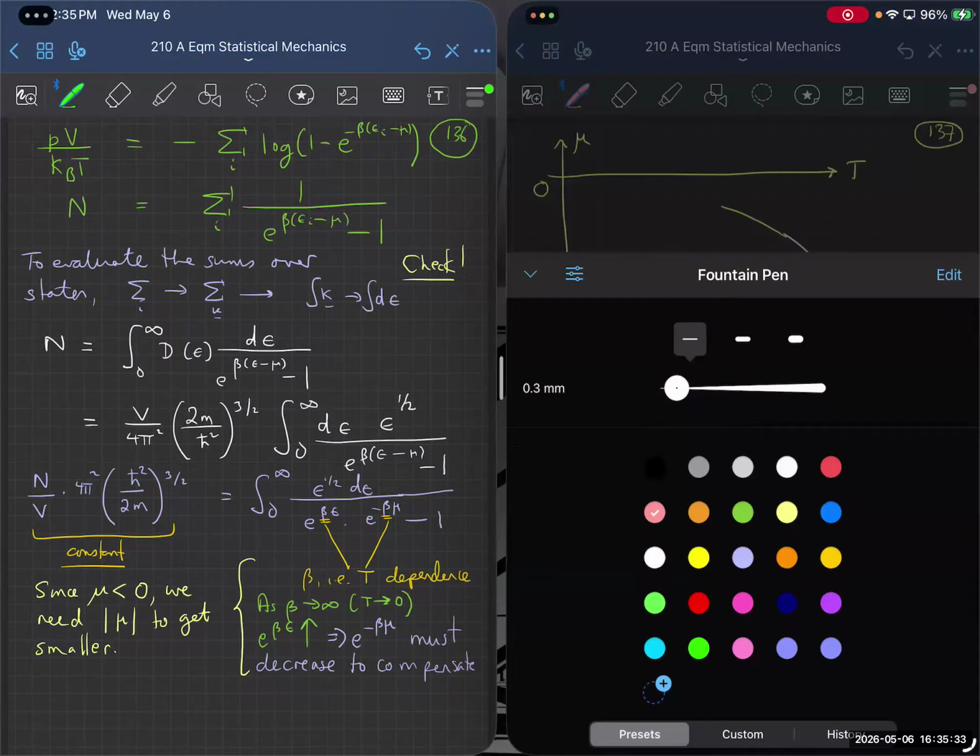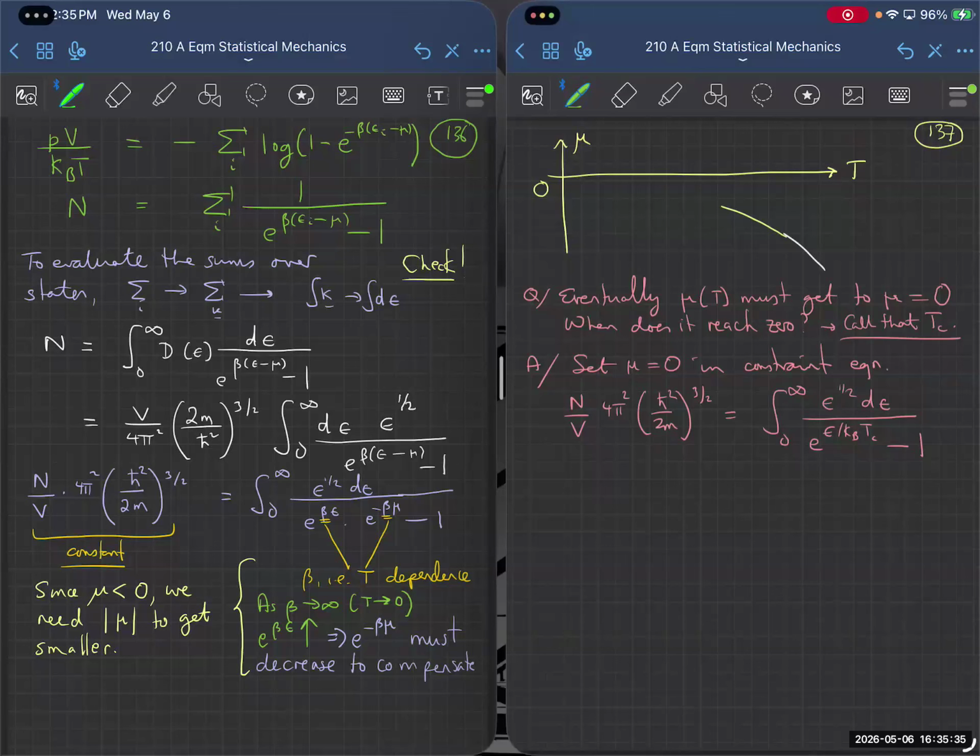So now I want to compute what that is. So now we're going to solve for Tc. So how do we do that? Well, we're going to use our scaling trick. So we're going to change variables and define x to be epsilon over the special temperature, k Tc.